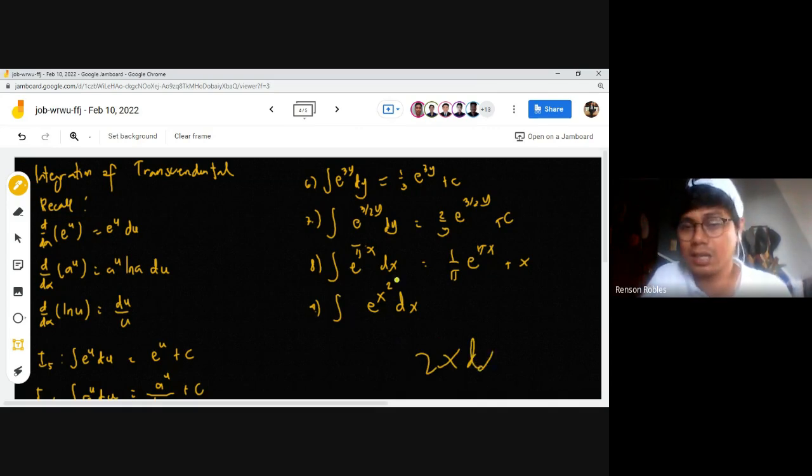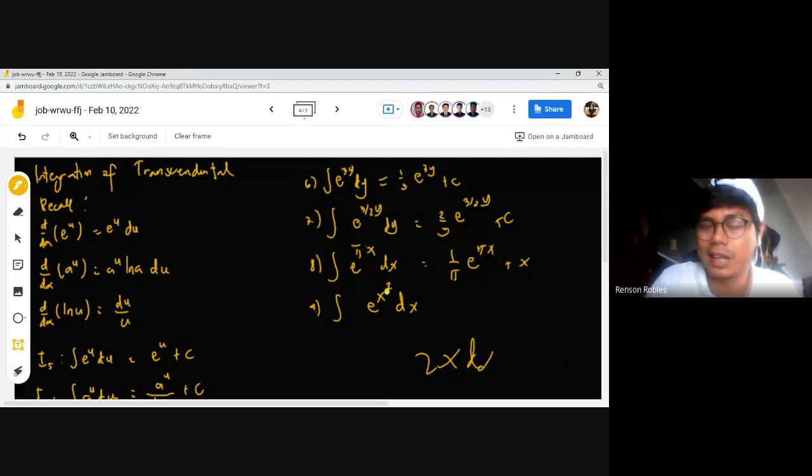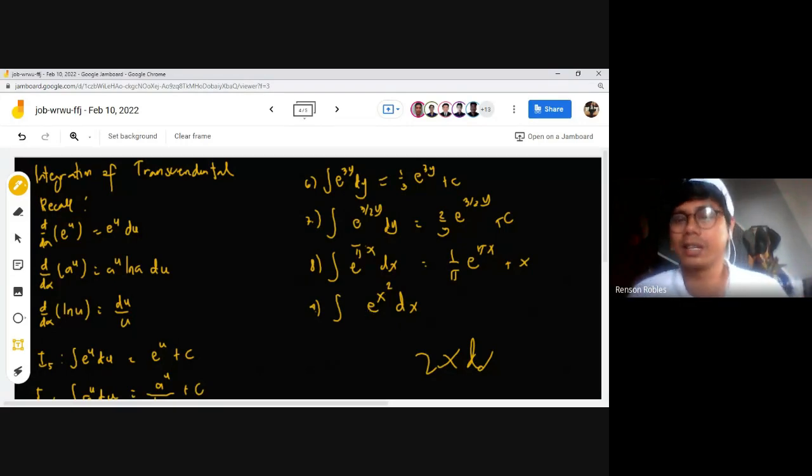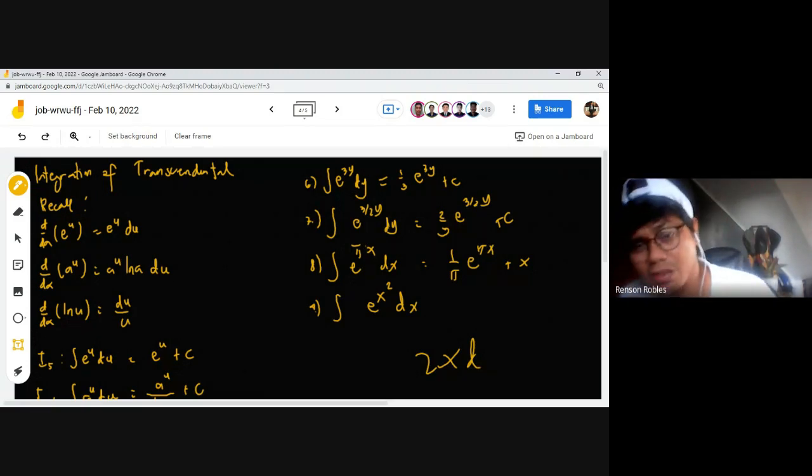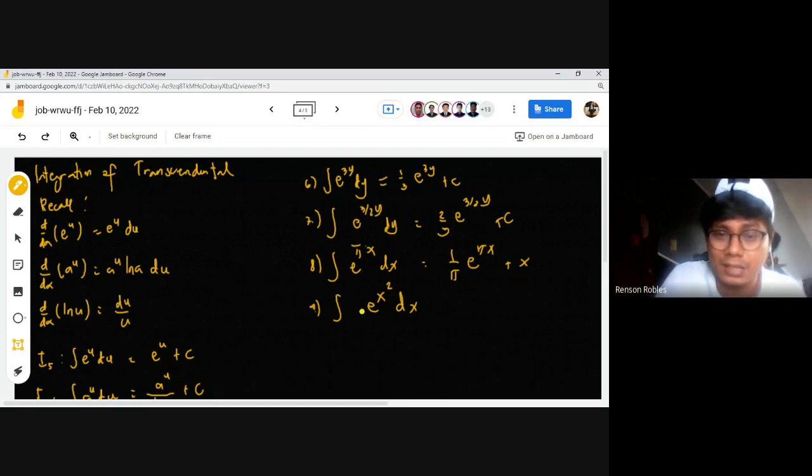By the way, this can still be integrated with the aid of special techniques called integration by parts. Mai-integrate natin ito by parts. But as for now, we cannot integrate this since we only have 7 formulas. So, this can only be integrated if you have an x here.